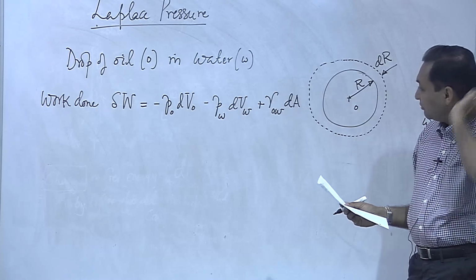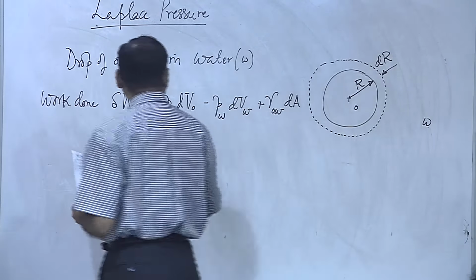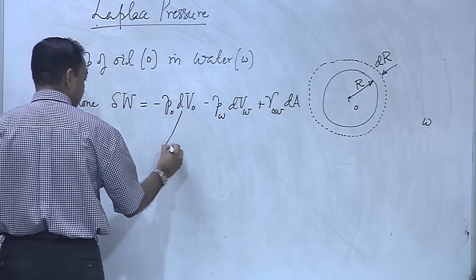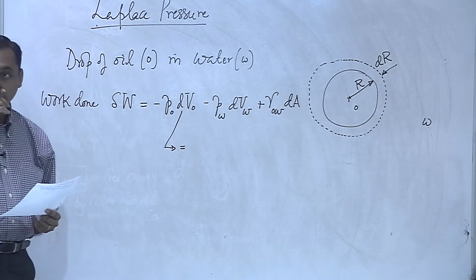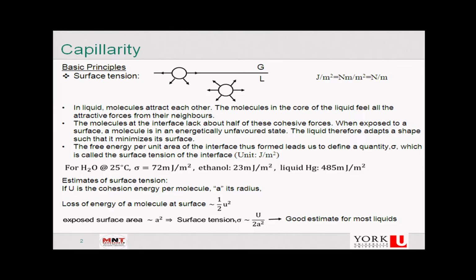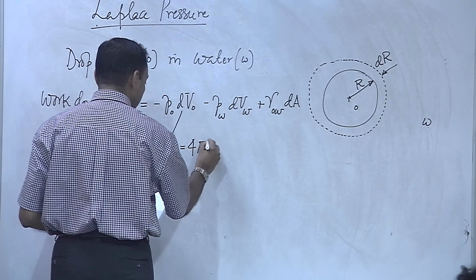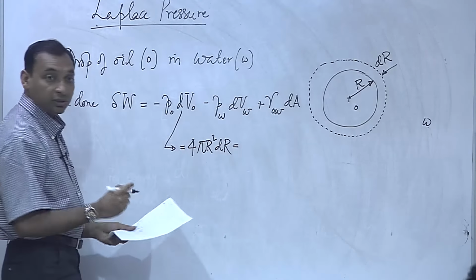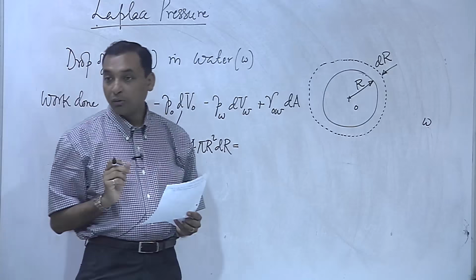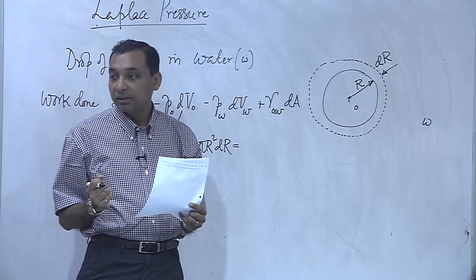So what is this dV naught? How much have I increased the volume? 4 pi r square dr, right. And that is related to, if I increase the oil volume, I have shrunk the water volume.